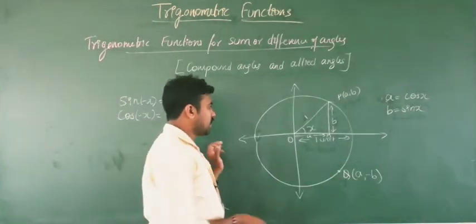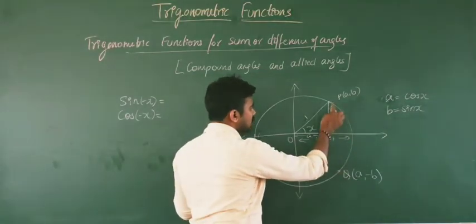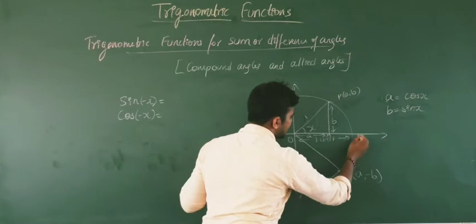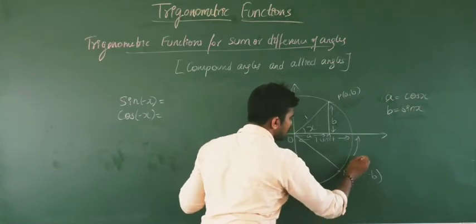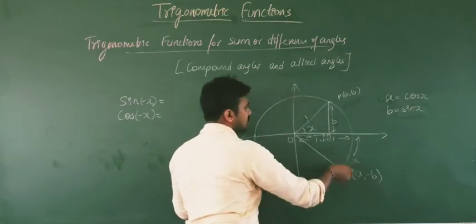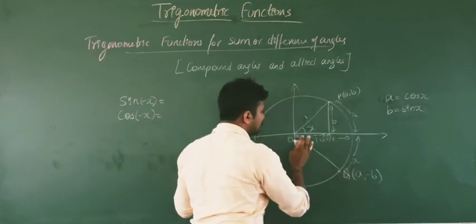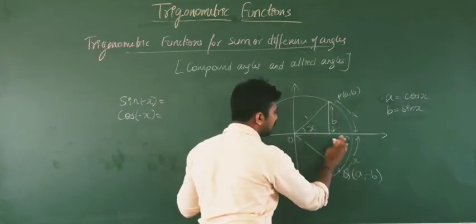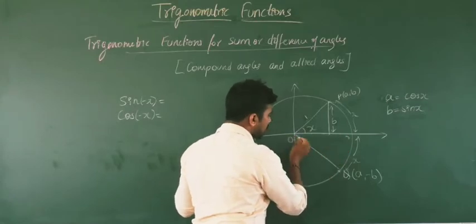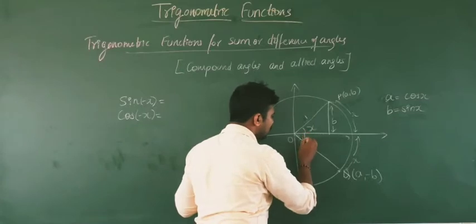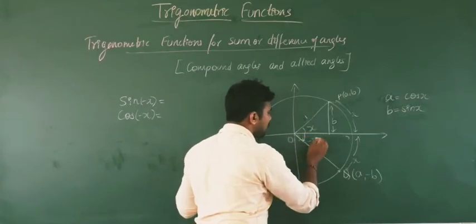Okay, I'll consider this point with the same distance, the length of arc is x units here also. But since this line is in the fourth quadrant, I measure in the clockwise direction, so we get minus x, a negative angle.